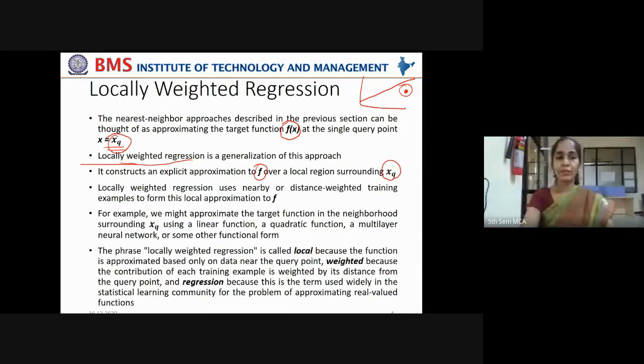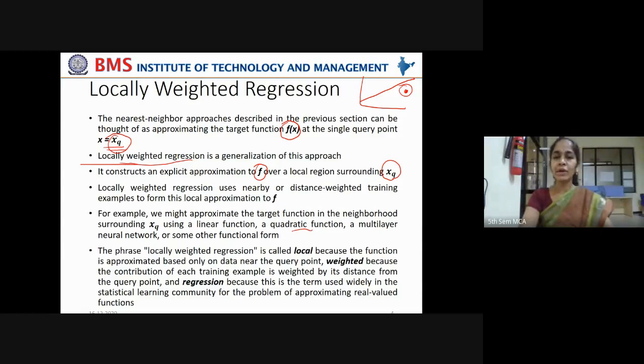For example, we might approximate the target function in the neighborhood surrounding XQ using a linear function or a quadratic function. It can be a linear function simply by not having any polynomial terms like x square, x cube, and so on. You just have a linear function in the form of y equal to ax plus b. Okay, that is a simple linear function.